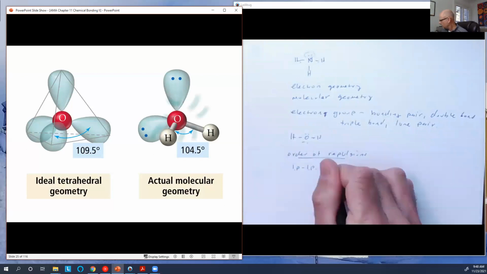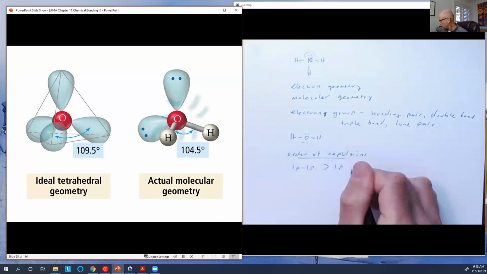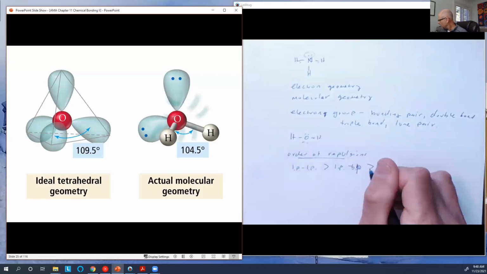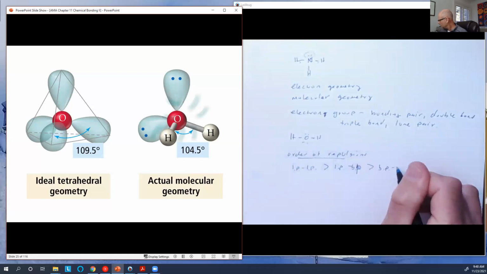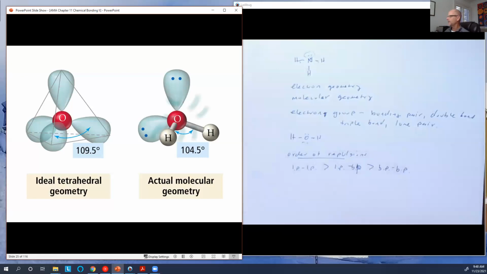That's greater than lone pair-bonding pair, which is greater than bonding pair-bonding pair, right? So the repulsion between these 2 lone pairs is the greatest. This is the least. And then the repulsions between a lone pair and a bonding pair are in between the 2, right? But that's why you can see that this one gets squished down, okay?